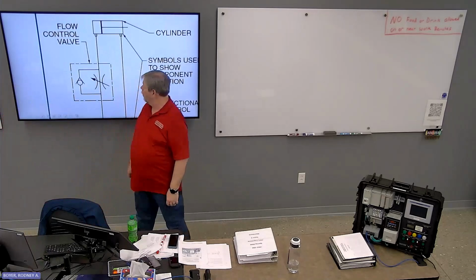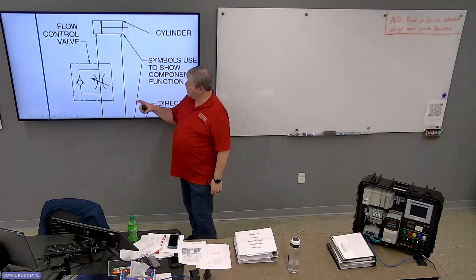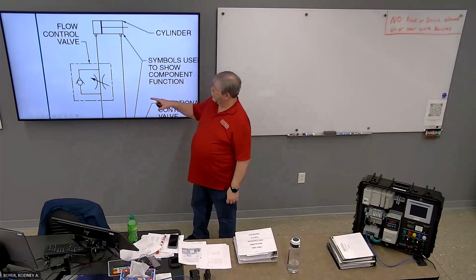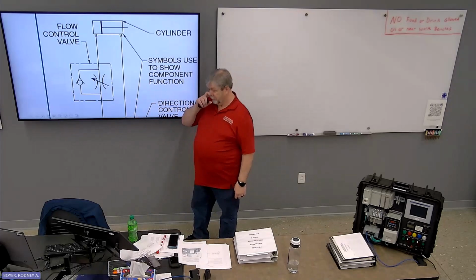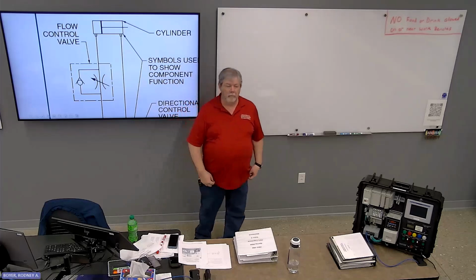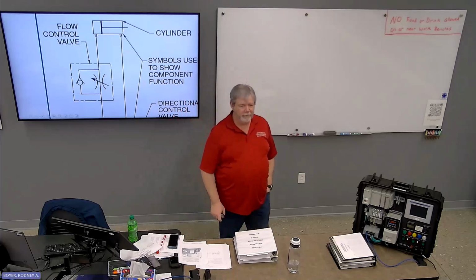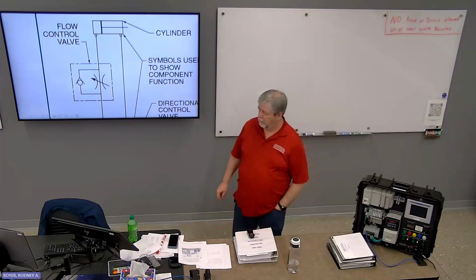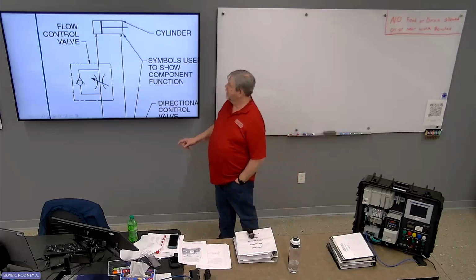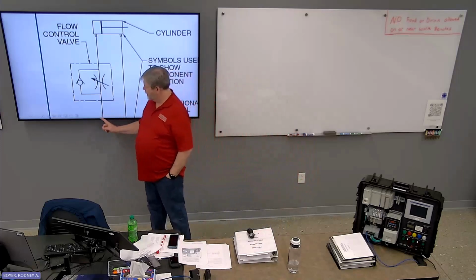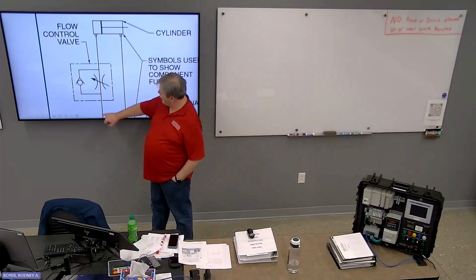That's flow control. That's actually metering in, which is the wrong way to do it. You can tell it's metering in because when the fluid comes from the pump, it can either go that way or that way.